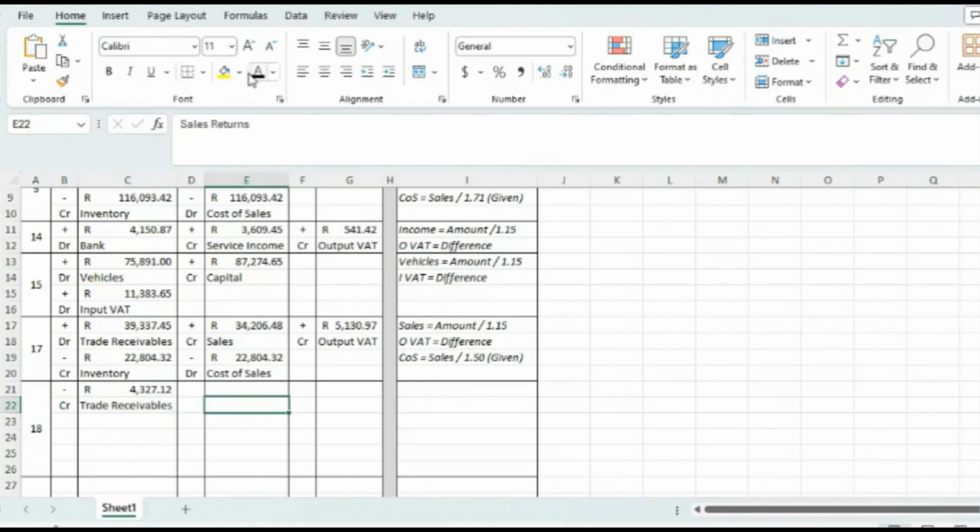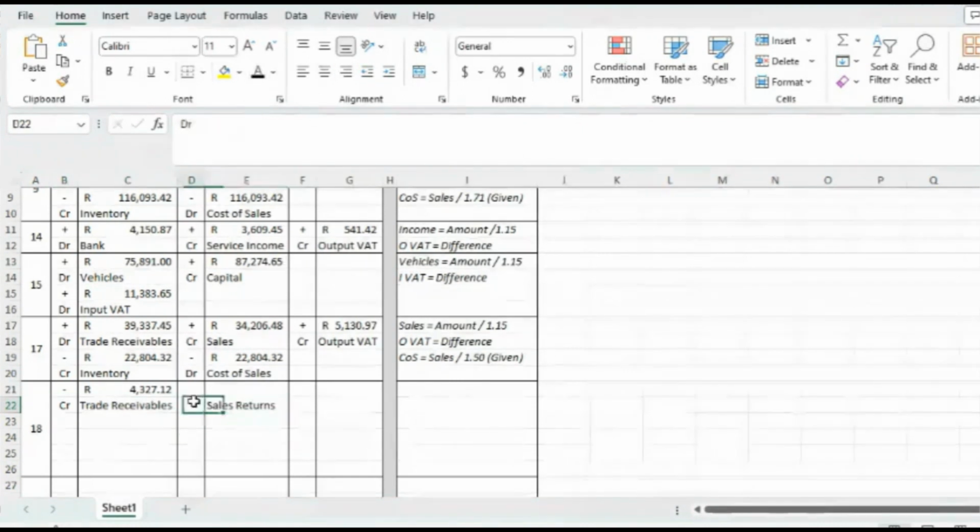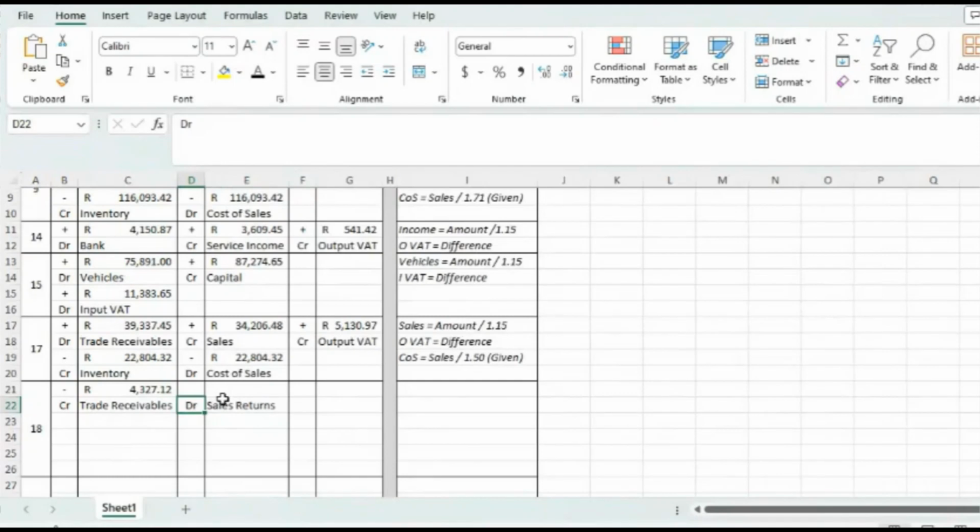Then there will be the contra account, which is sales returns. That is, of course, going to be debited. It will also decrease, but it will be the VAT exclusive amount. Okay, which means that the difference will be the input VAT that is now going to be debited because it is an increasing asset account, and it will simply be the difference between those two amounts.